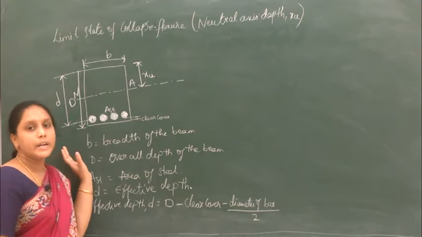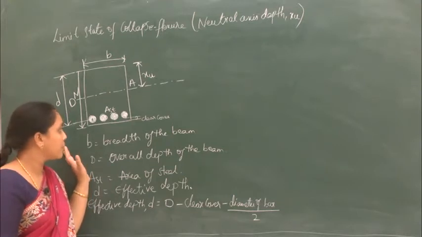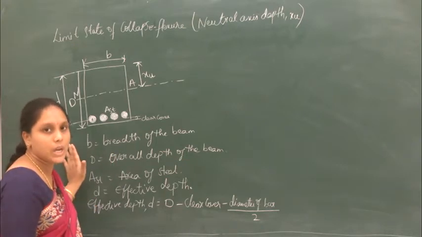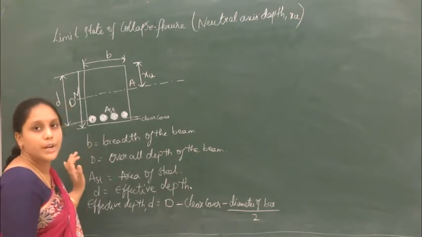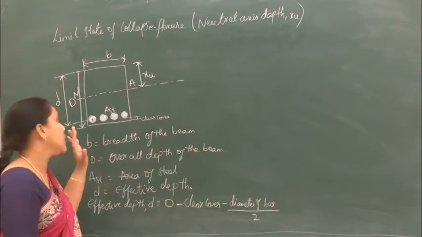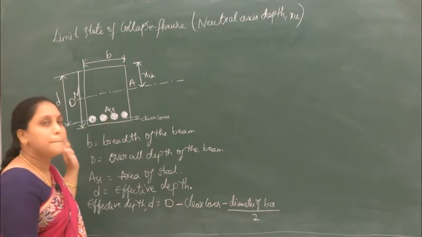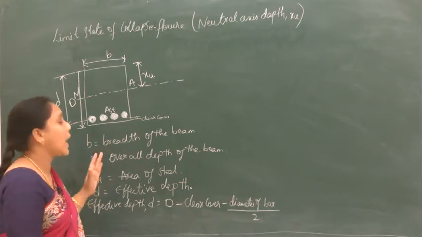For calculating the neutral axis depth, we are going to use the assumptions given in limit state of collapse flexure, because here I am considering a beam section.